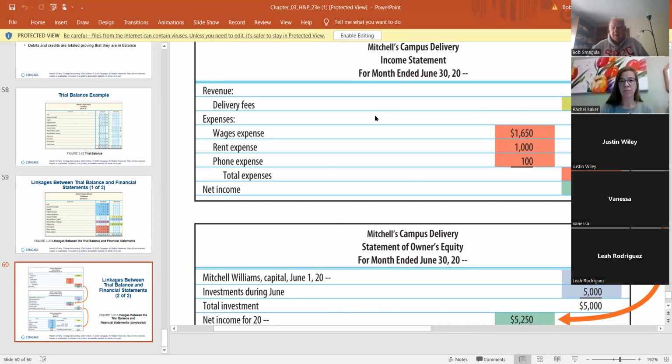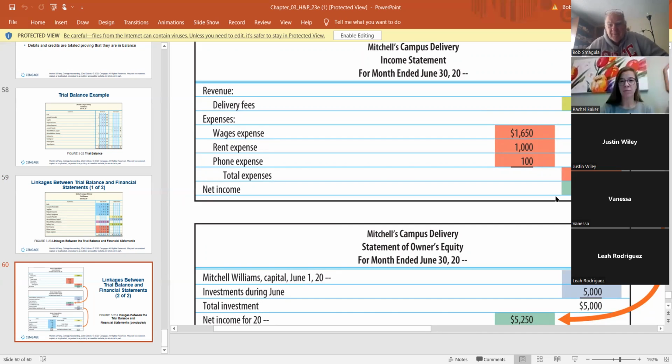This will be seen by the public. This will be proffered to potential buyers, investors, and lenders. So it needs to look right. Revenue, 8,000. Three expenses, 1,650, 100, 2,750. Net income of 5,250. He made the same exact profit he made in chapter 2, over 60%.